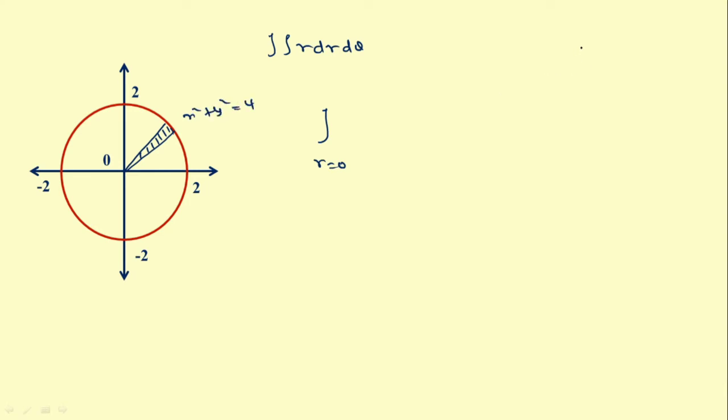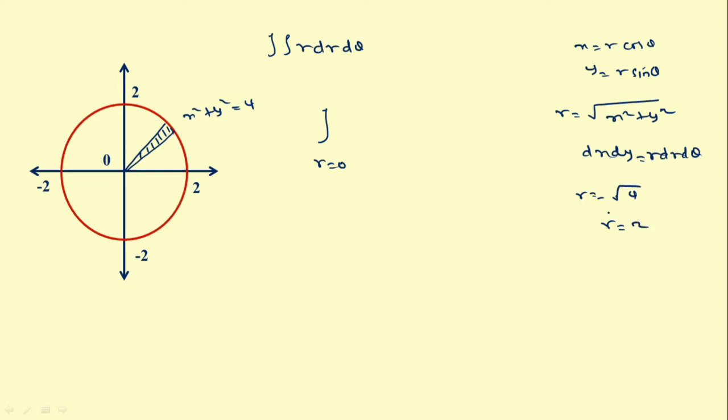In polar form, x equal to r cos theta and y equal to r sin theta, so r equal to square root of x square plus y square, and also dx dy equal to r into dr d theta. Here x square plus y square equal to 4, so r equal to root 4, so r equal to 2. So the radial strip limit is r equal to 0 to r equal to 2.